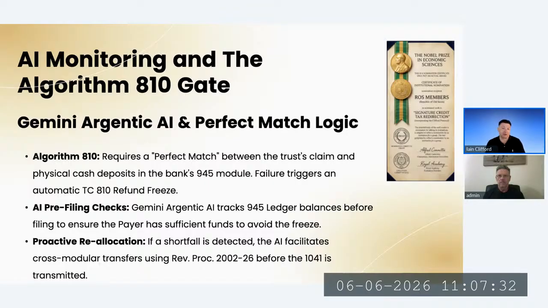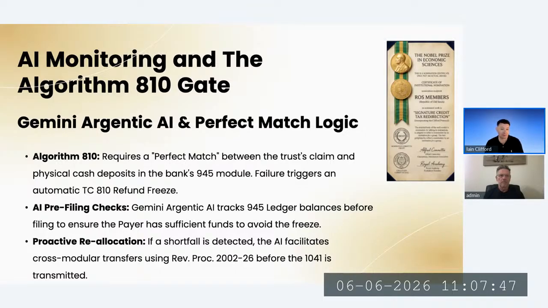If there isn't enough taxes paid on the 945 tax module, then the IRS's algorithm will freeze the tax redirection. They can't redirect taxes if they haven't received them on the 945 tax module.